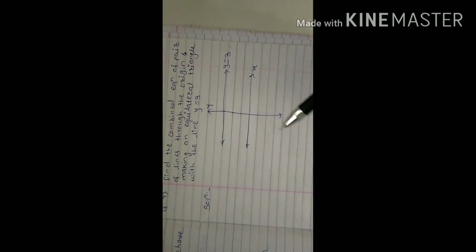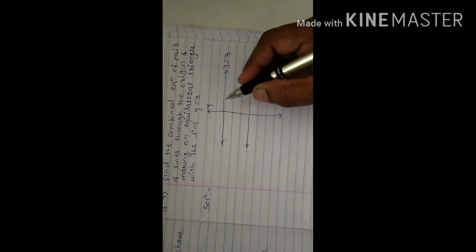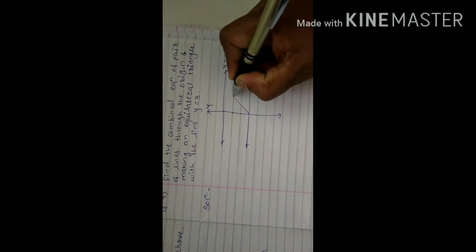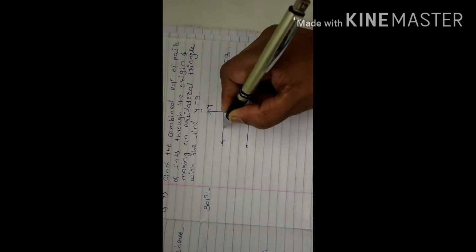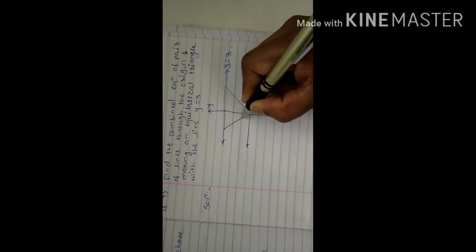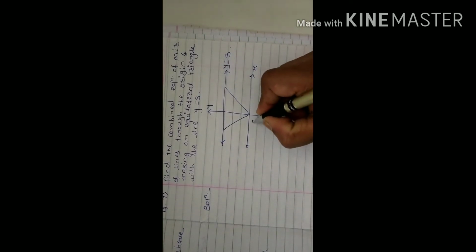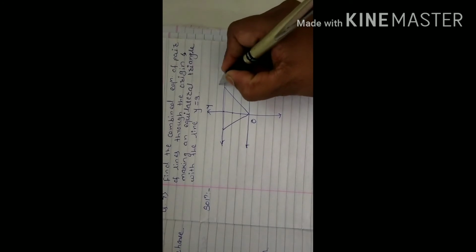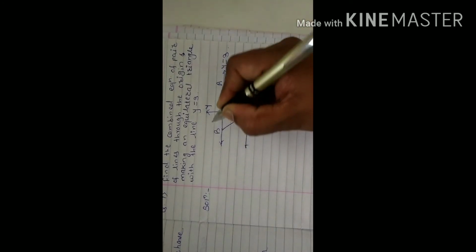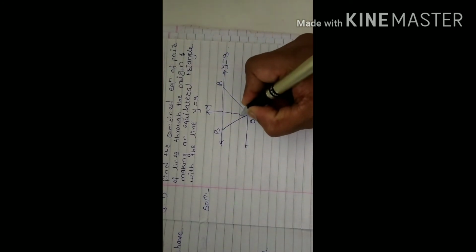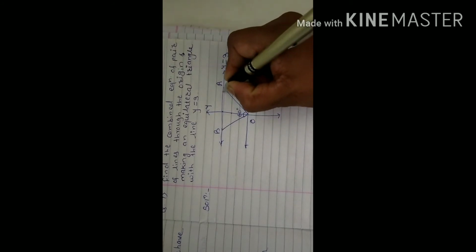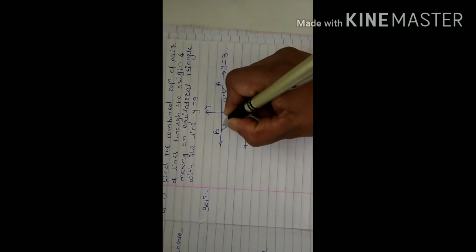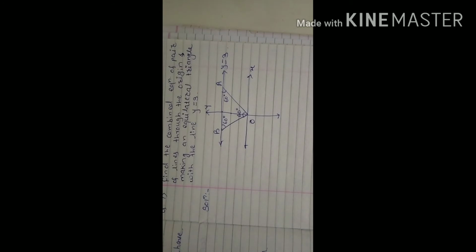Equilateral means all angles are the same. Here we draw from the origin, and take any points A and B. In an equilateral triangle the angles are 60 degree, 60 degree, and 60 degree.